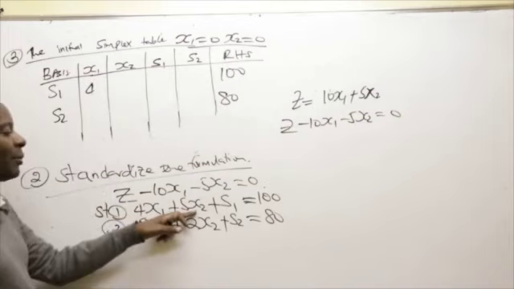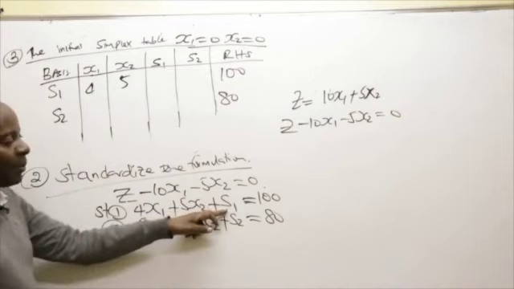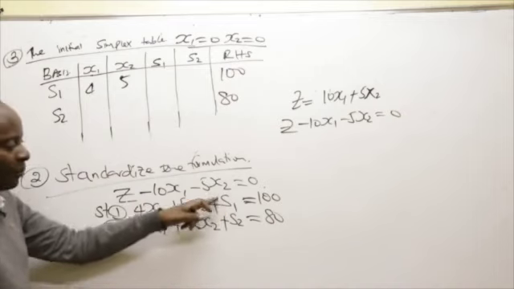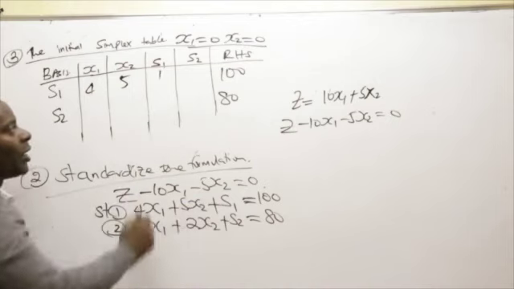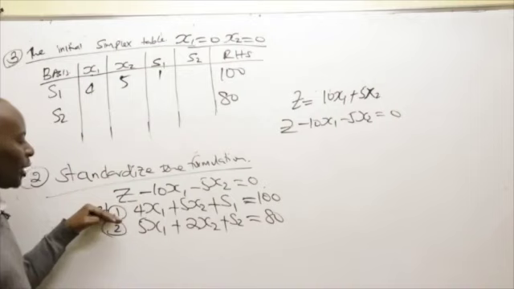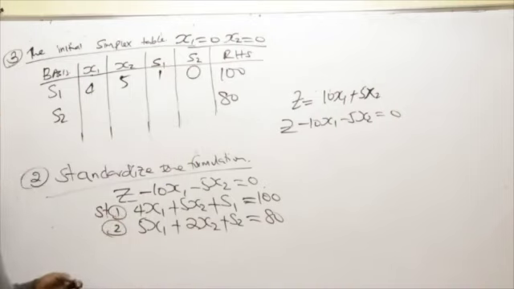The number that comes before x2 here is 5. The number that comes before s1 in constraint 1 is 1. There's an implied 1 there. So write 1. And then, of course, s2 is nowhere here. S2 under constraint number 1, because it's not there, you write 0.